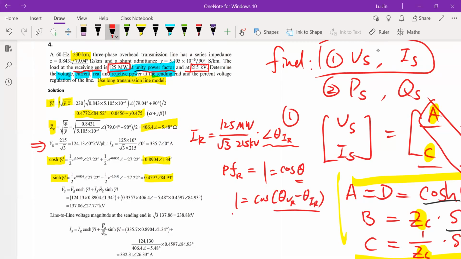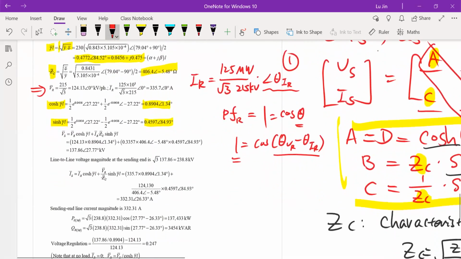Cosine of such angle equals 1. That means theta VR minus theta IR will be equal to arc cosine 1, which is equal to 0 degrees.